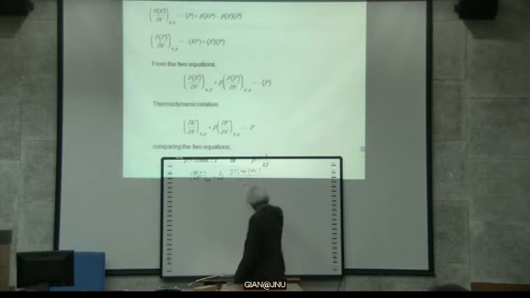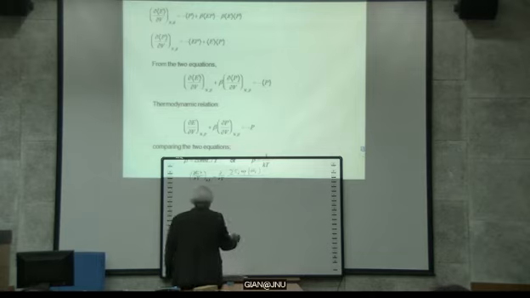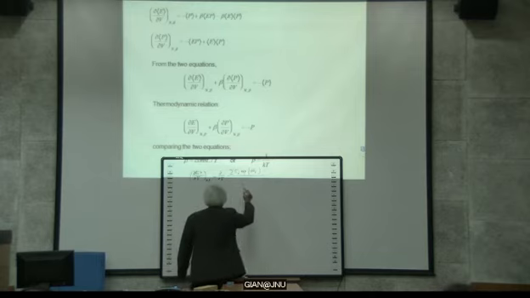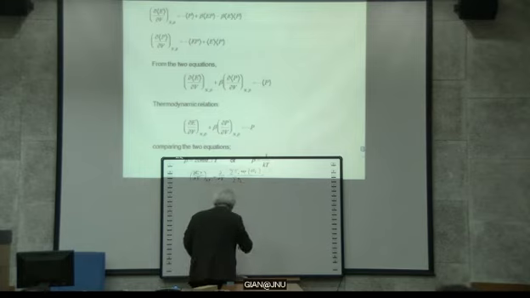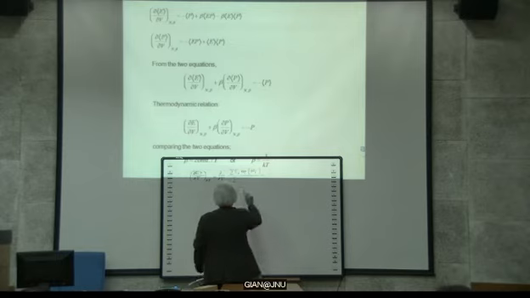In this case we don't know what it is yet, right? So we just leave it as beta, over E_j, exponential minus beta E_j.